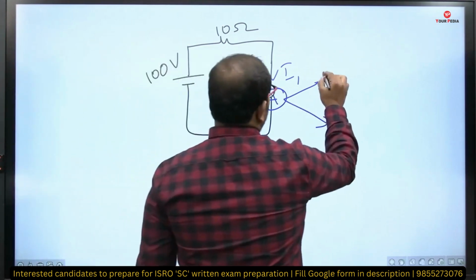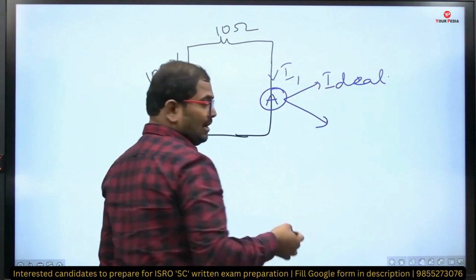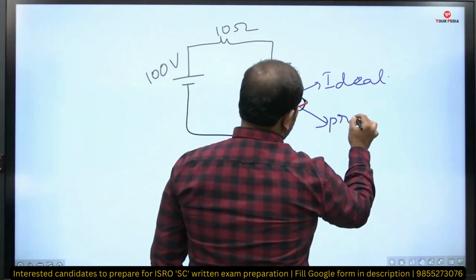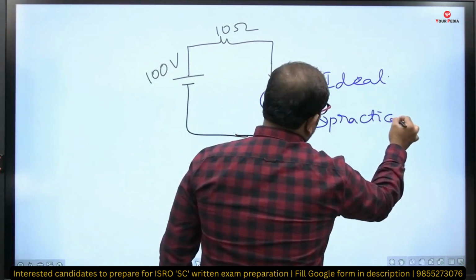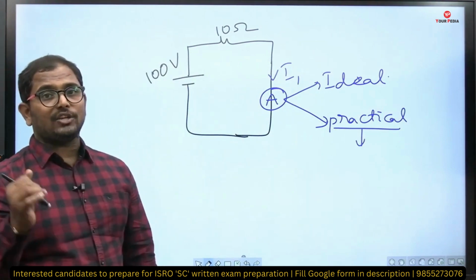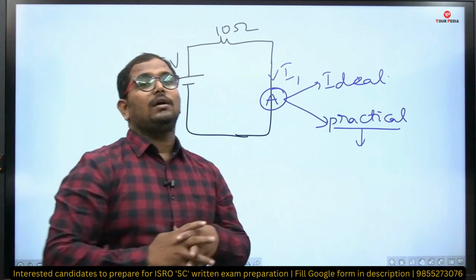If I choose the ideal case, whatever current we measure is called the true current. If you choose a practical ammeter, it will give you the actual value flowing through the circuit, but which is not equal to the true value.